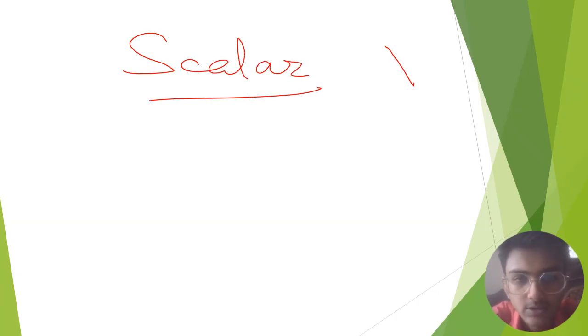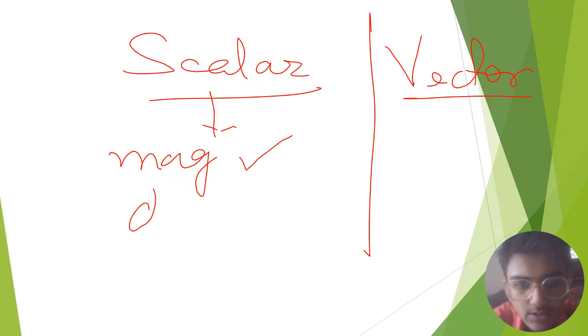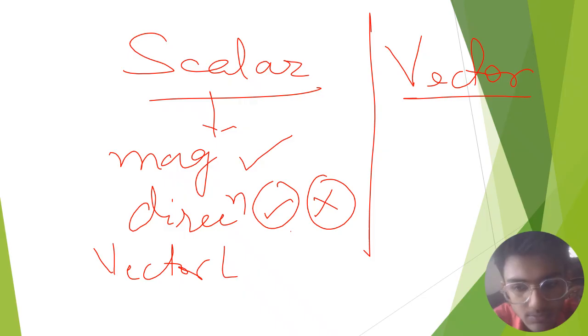First of all, in simple terms, scalar and vector. A scalar has magnitude. It can have direction also, possible, not also possible. But there is a law, that is vector law of addition, which you may have studied in physics. A scalar doesn't follow the vector law of addition.